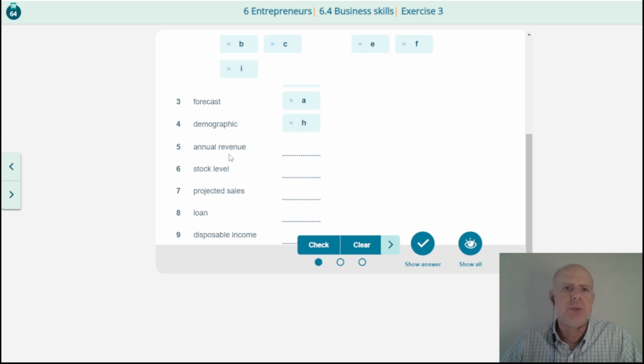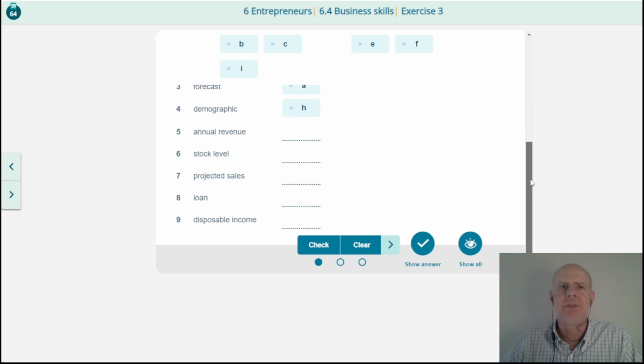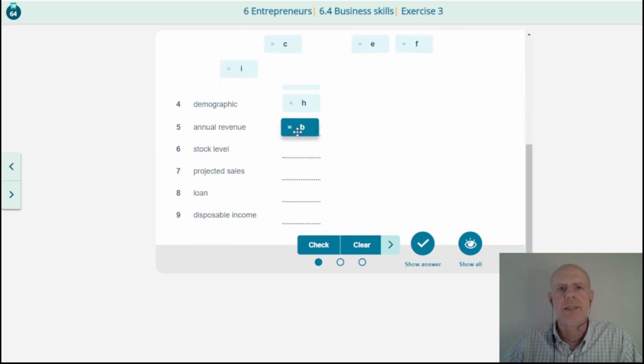Annual revenue. Annual, yearly. Revenue, money that you receive. Okay? So number 5 is the amount of money that a company brings in over a year. Easy? Yes. Number 5 is letter B. Stock level.